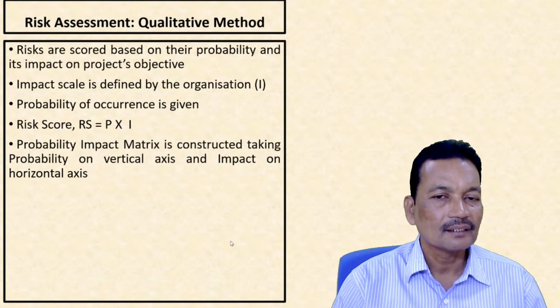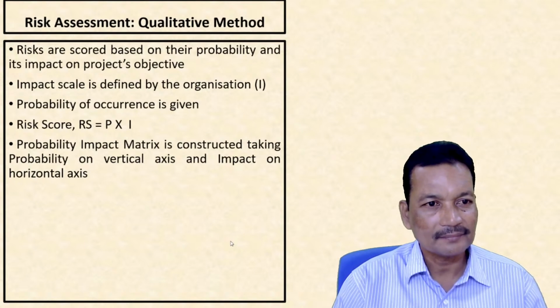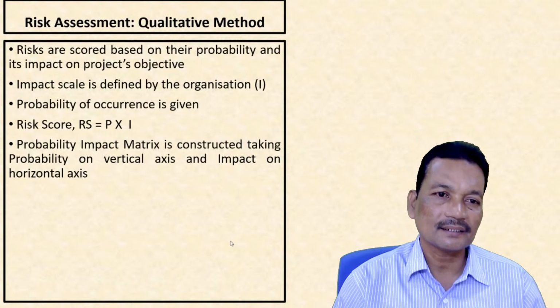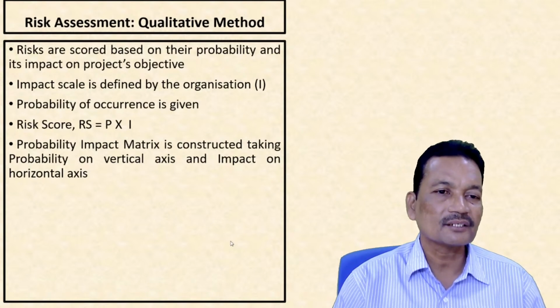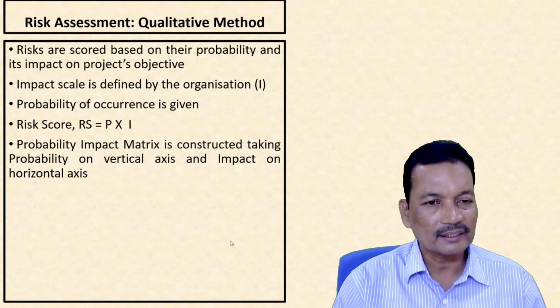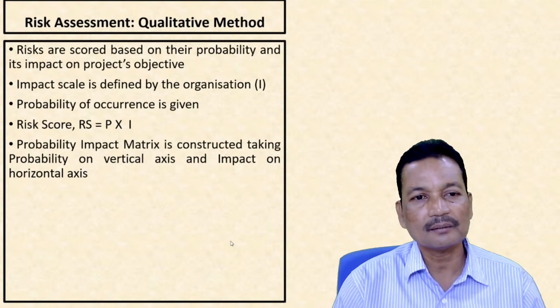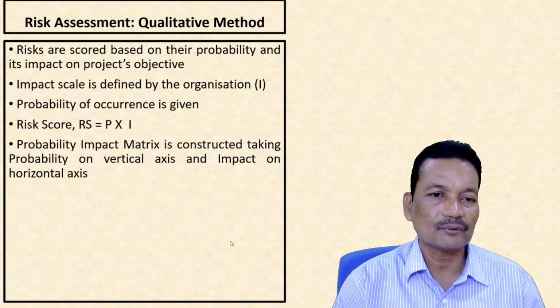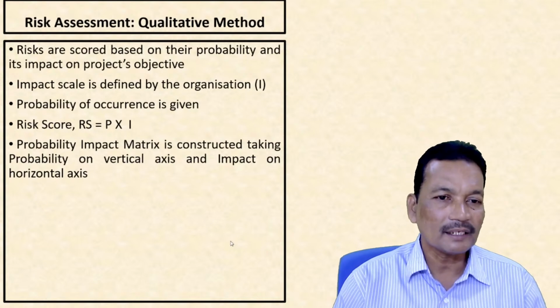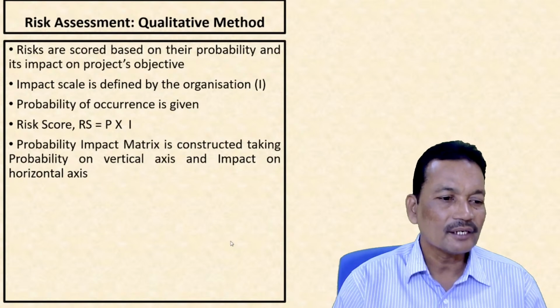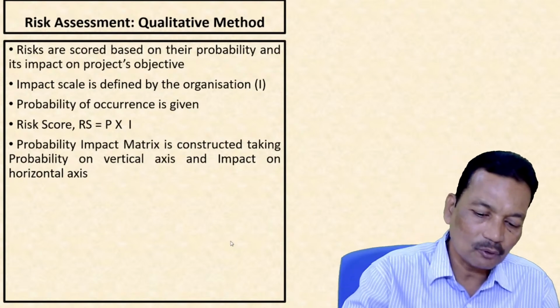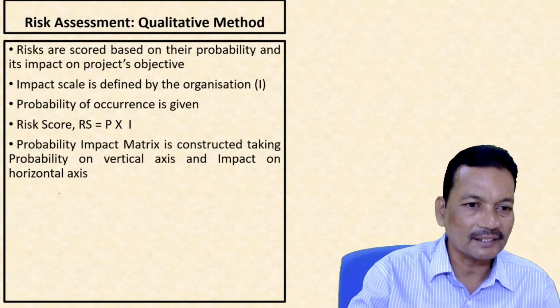Impact is represented as I, probability is represented by P. So the risk score is calculated as we have done for the expected data or future data: probability times impact. Now here we try to construct the probability impact matrix.